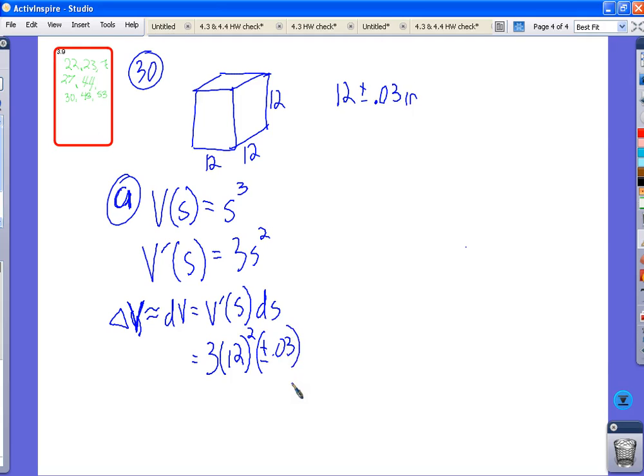If I did 2 equations, one with plus and one with minus, all that's going to change is the sign of the answer.